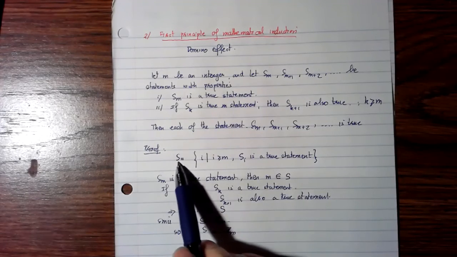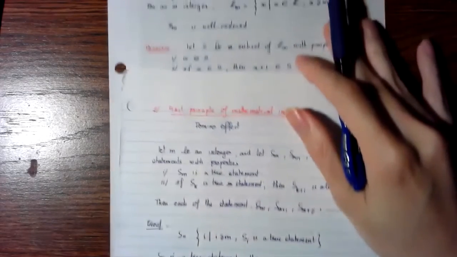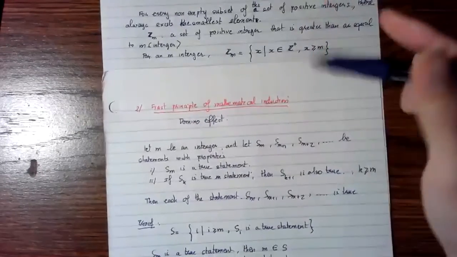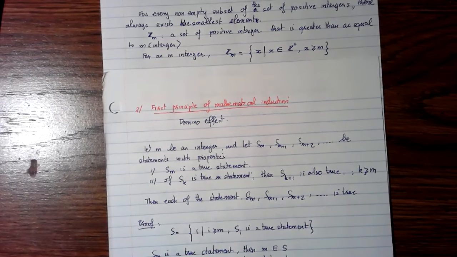If we can show that this set is equal to Z sub M, then all the S of I must be true, right? So how do we do that?